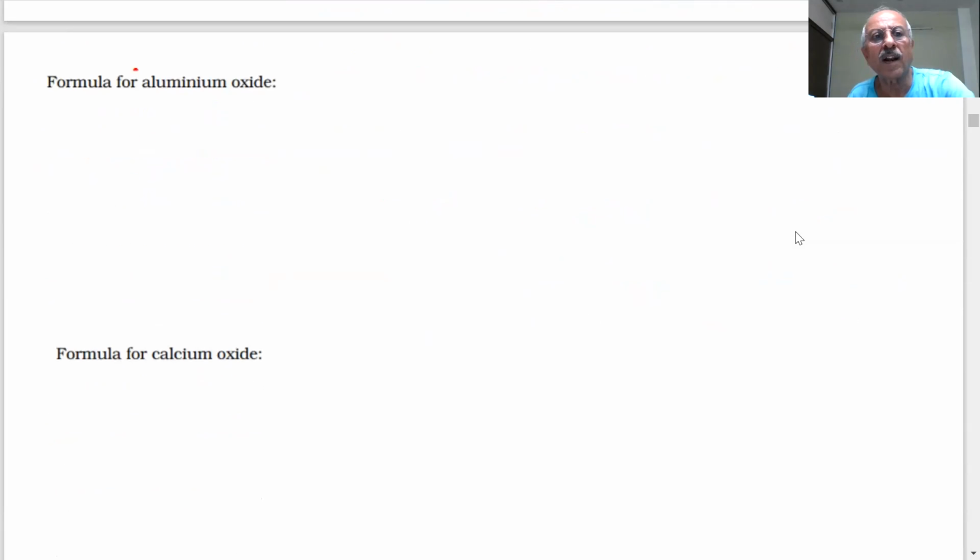Now we are saying, write the formula for aluminium oxide. Chemical formula. What is the valency of aluminium, students? We have given a table for the valency of aluminium and oxygen. Aluminium valency 3.